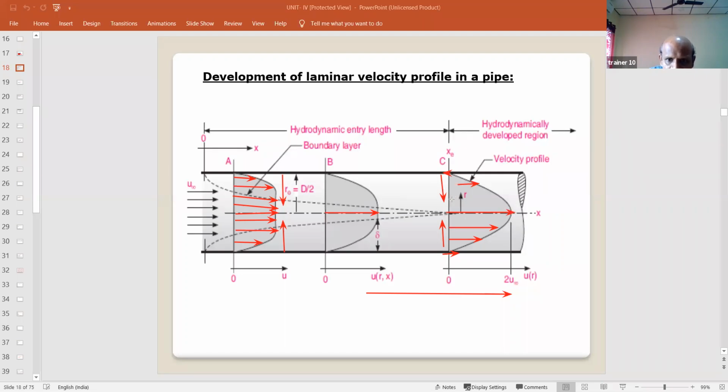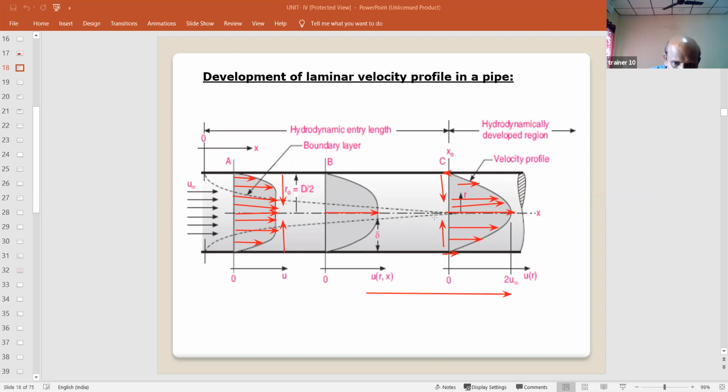So that means the velocity further increases. If you compare the velocities for these three figures at the axis, let us say u1, u2, and u3, then u1 is lesser than u2, and u2 is lesser than u3. That means u3 is greater than u1 and u2.